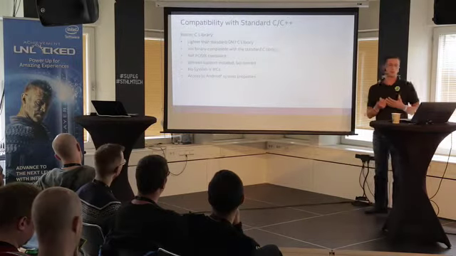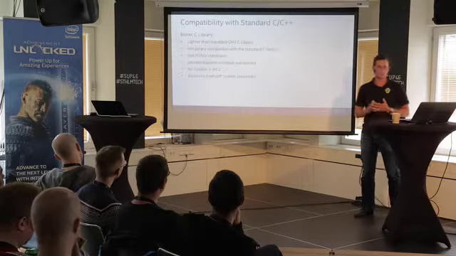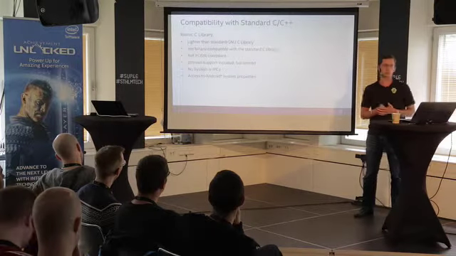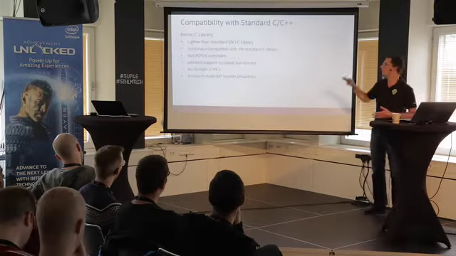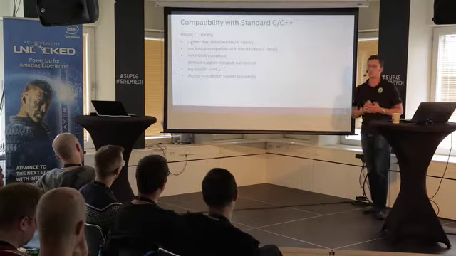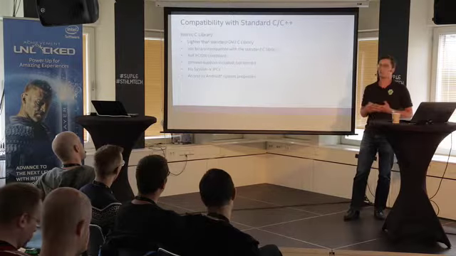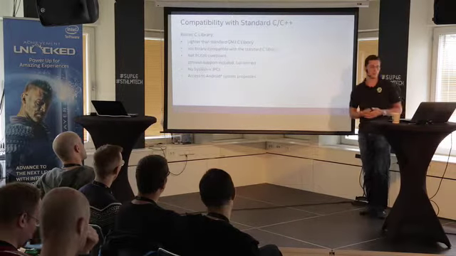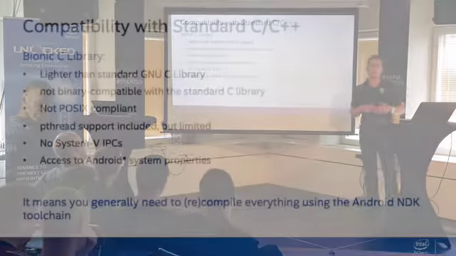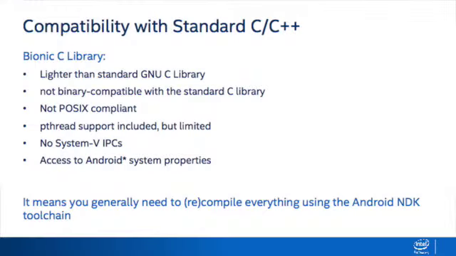So when you want to have a really cross-platform code base, you need also to take into consideration that on Android, what you get is not the standard GNU C library. It's the Bionic C library. Because everyone likes to rewrite C libraries all the time because everything that has been done for 30 years is not as good as it could be.